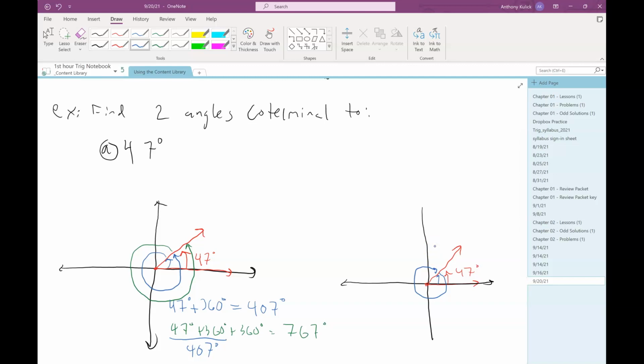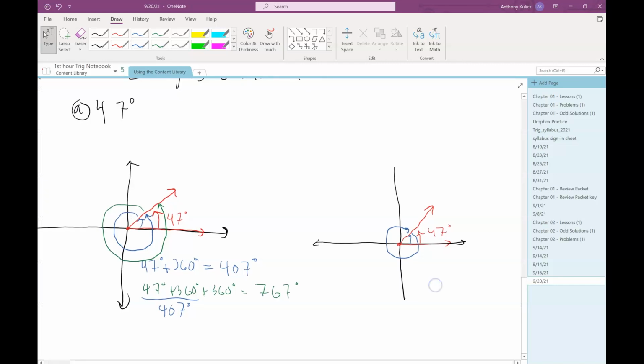Since I spun clockwise, instead of adding 360 degrees, I should be subtracting 360 degrees. So that should be negative 313. So you could do it that way as well, right?